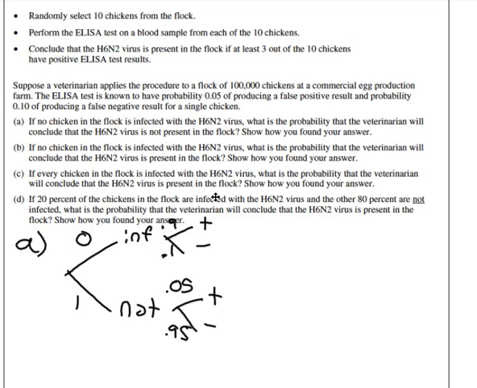All right, and we want to know the probability that he'll conclude that the virus is not present. To determine that it's not present, we need to figure out the probability of it coming back negative or coming back positive, because if too many come back positive, we're going to have a problem.